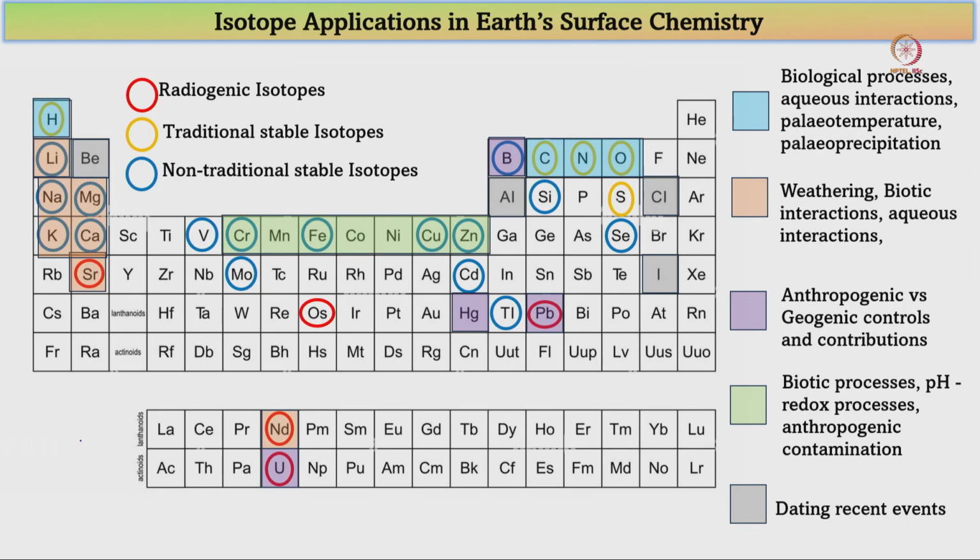So, if I show you a periodic table like this, we will see that a lot of isotopes are used and their applications generally can be clubbed into certain categories. For instance, this group of C, N, O and here hydrogen, this group is of course, as you can see, essential and fundamental in all life forms.